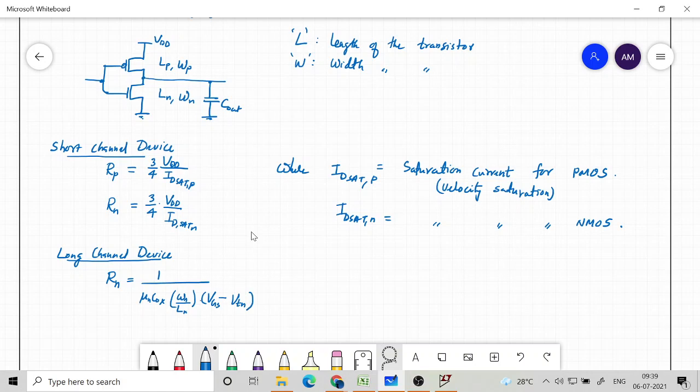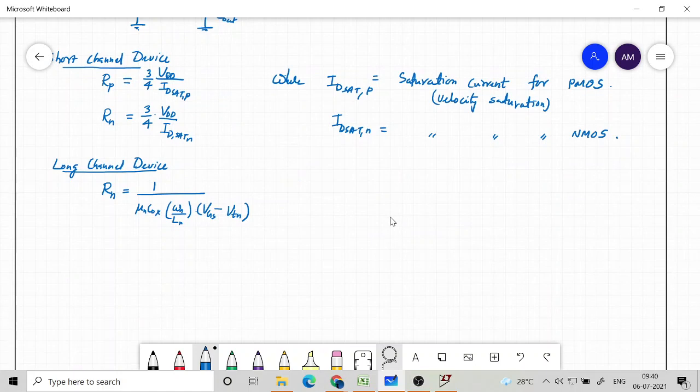So this was our Rn. And Rp similarly we will get 1 by mu p Cox, where mu p is the mobility of holes, Wp by Lp into VGS minus VTP.